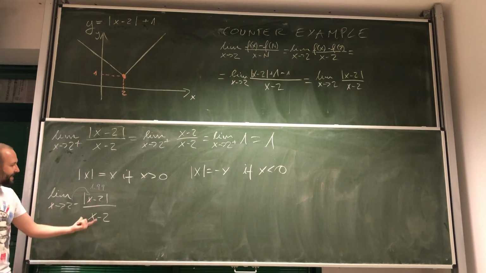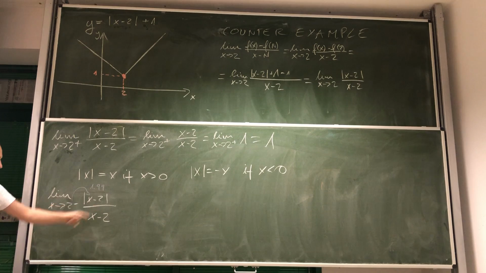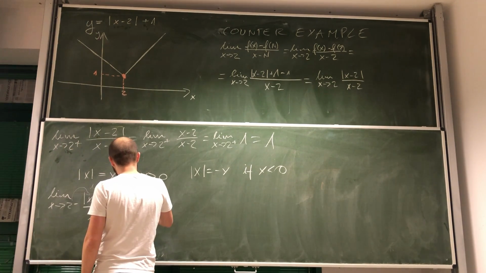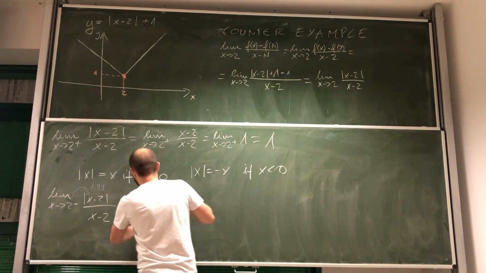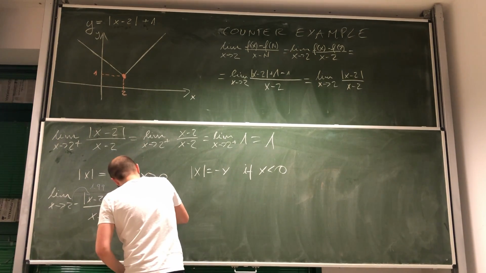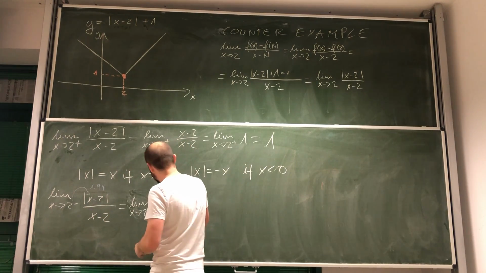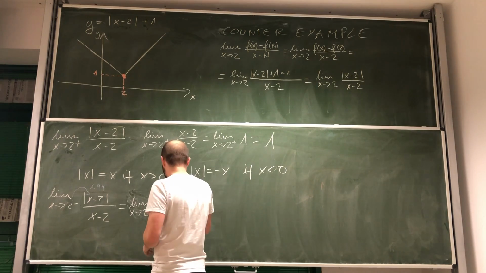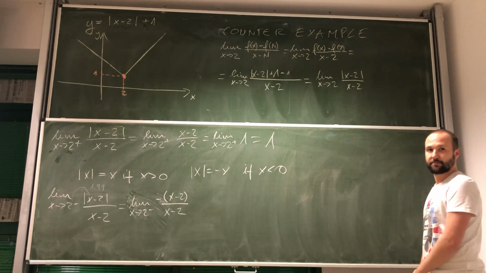If I want to get rid of the absolute value, I should change the signs of everything inside. So what I am getting over here is the limit with x approaching 2 from the left-hand side of negative x minus 2 over x minus 2, right?